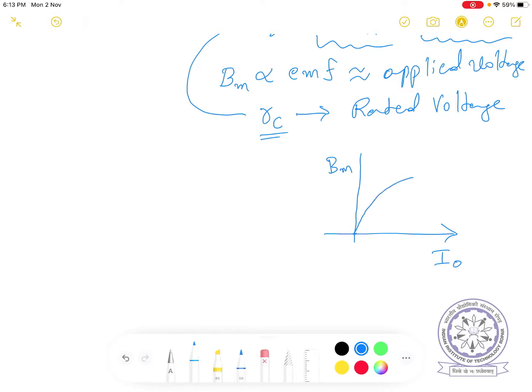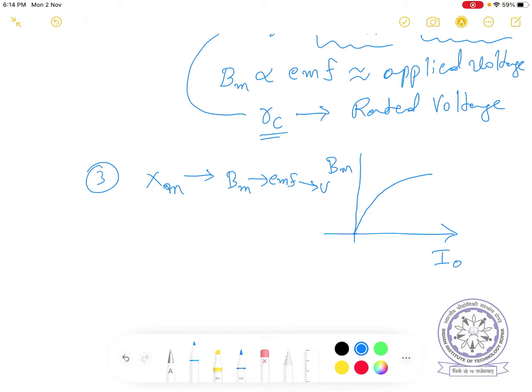Of course, to a certain extent it is linear, but more or less it is non-linear. Therefore, whatever X0 is estimated, X0 meaning Xm, it depends on Bm or on EMF, which in turn depends on voltage. This is the third limitation.